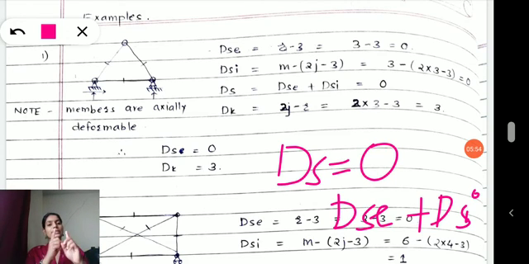So my structure is internally determinate, externally determinate, and combinedly statically determinate. We can solve all the support reactions with the help of equilibrium equations, and no additional compatibility equations are required because my structure is statically determinate.